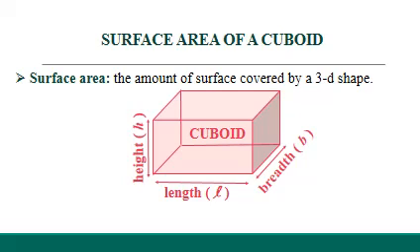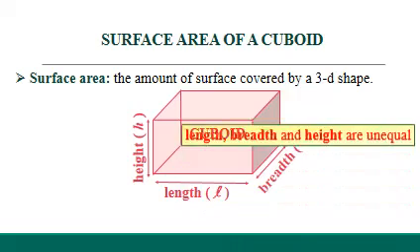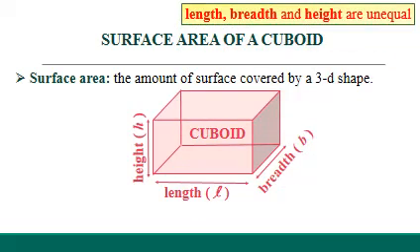And here we can see a cuboid along with its three dimensions: length, breadth, and height. In a cuboid, we know that these three dimensions are different in measurement. That is, length, breadth, and height are unequal.